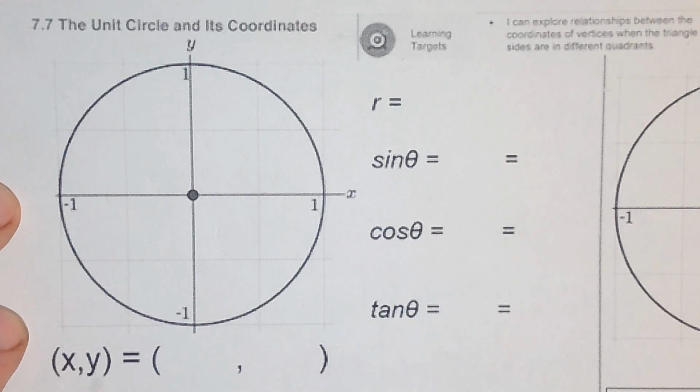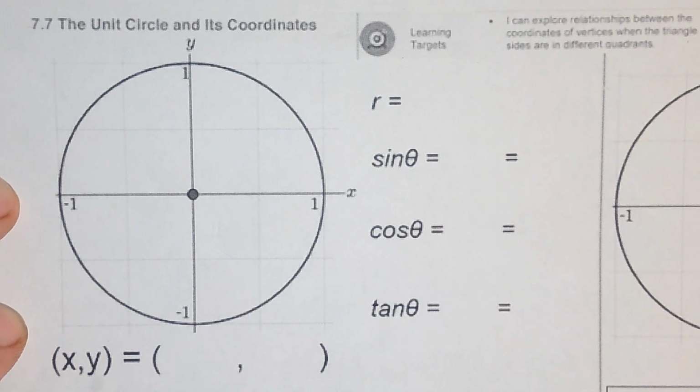All right, so now that we've talked about the special triangles, the 30-60-90 triangle and the 45-45-90 triangle, and we talked about sine, cosine, and tangent, and how those special triangles are related to the cosine, sine, and tangent.